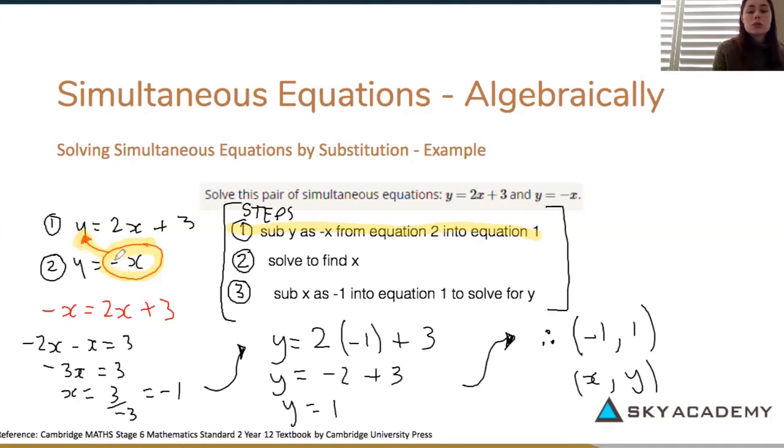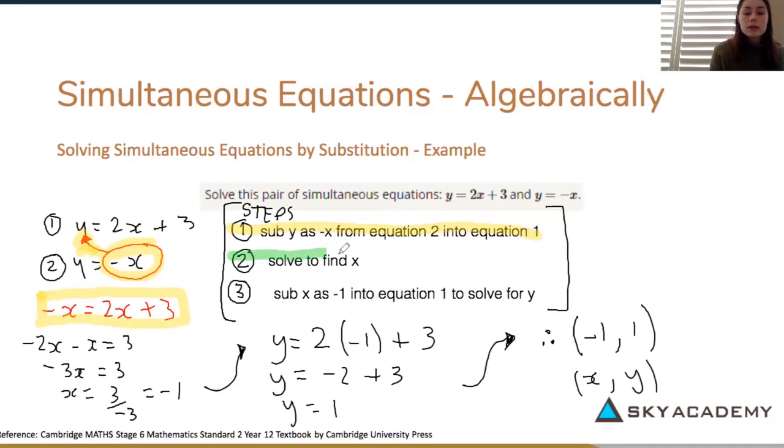Because both our equations are equal to y, we can sub y as -x into this equation. Instead of just writing y into here, we're writing -x. So then we result in this red equation here. Once we've subbed our y as -x into equation 1, we then solve to find x.